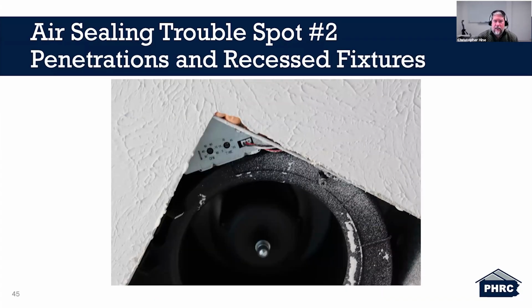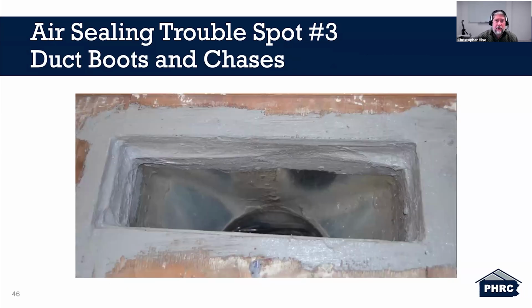The next one here is penetrations in recessed lighting. This one is addressing 2 things. One, this is a programmable fan that can be used as an exhaust only strategy for whole house mechanical ventilation. But really what I'm looking at here is we are sealing between the drywall and the unit, right, for air infiltration.